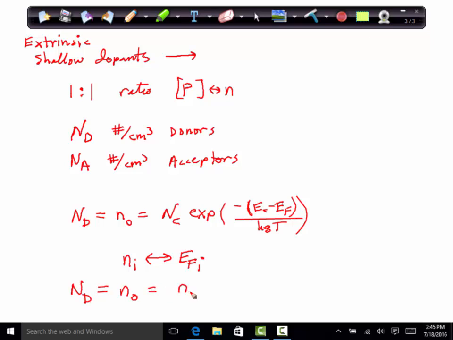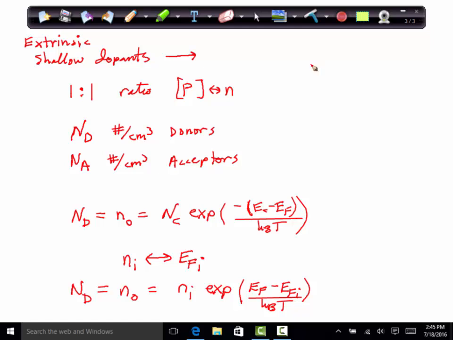We can say it's Ni times exponential to the (EF minus EFi, the intrinsic position) over kBT.